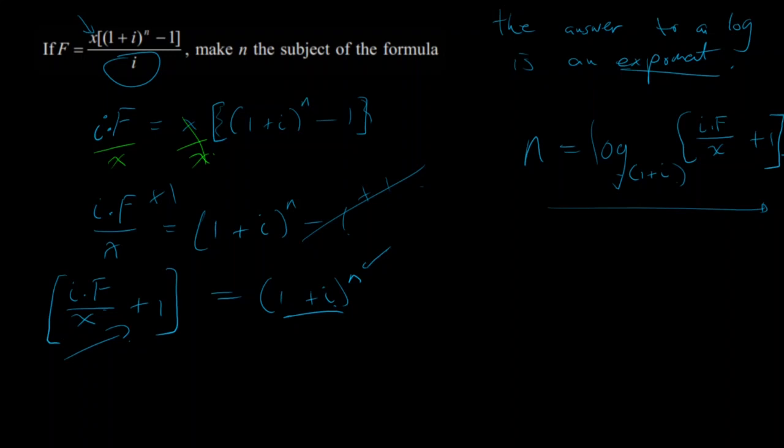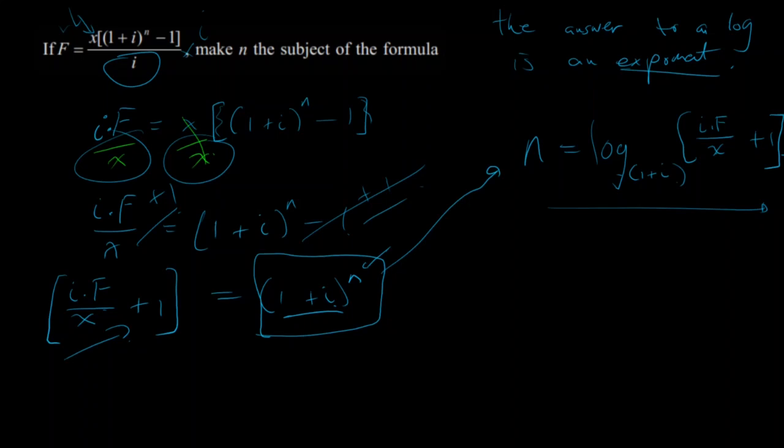So first, we multiplied both sides by i, and then we divided both sides by x, and then we added 1 to both sides, all until we could get our subject as alone as possible. Then and only then did we switch forms, because it was in the right form, being one expression on the right, one expression on the left, and that exponent n forced us into our log conversion. So easy, maybe, maybe not. Simple, definitely. Don't confuse the two.